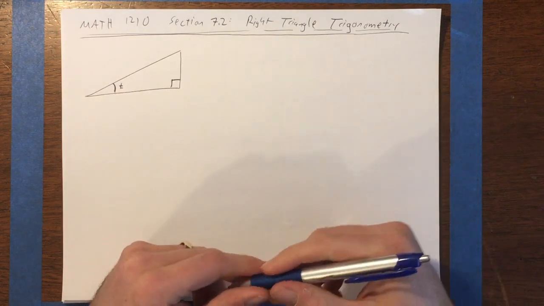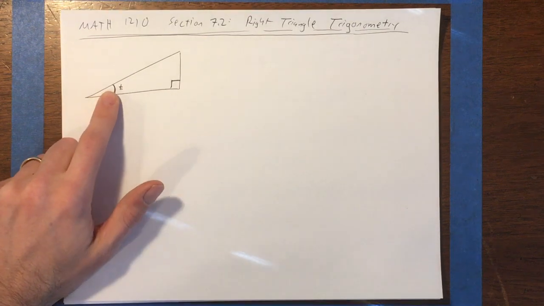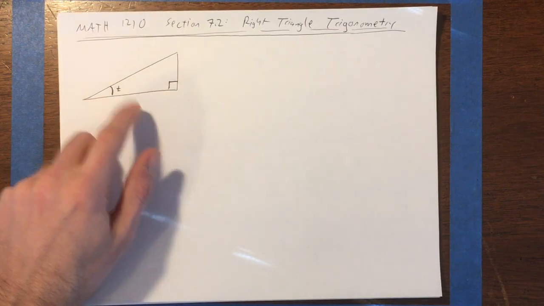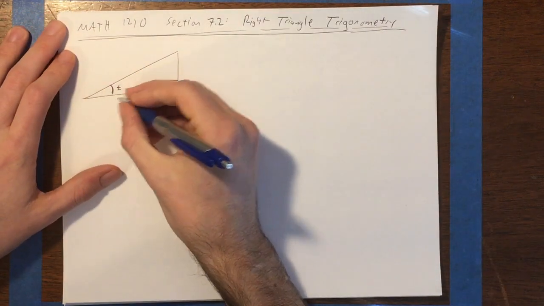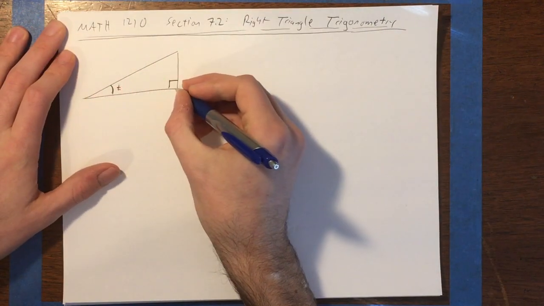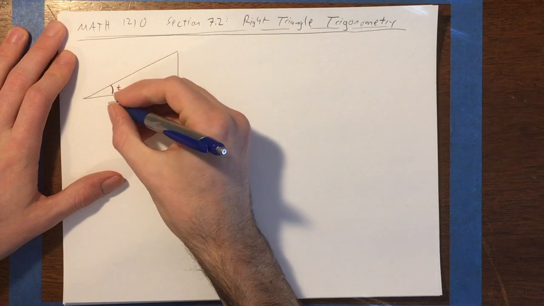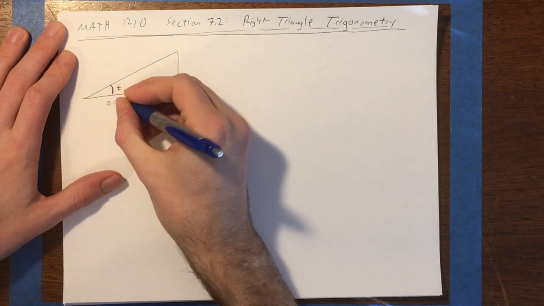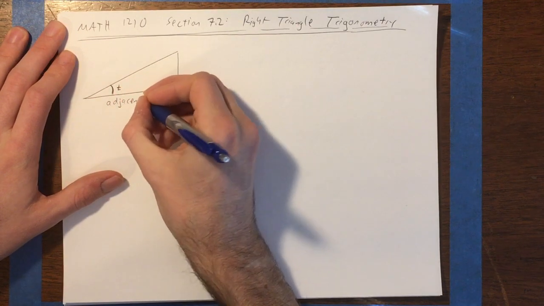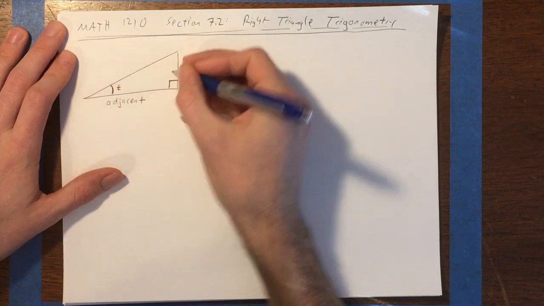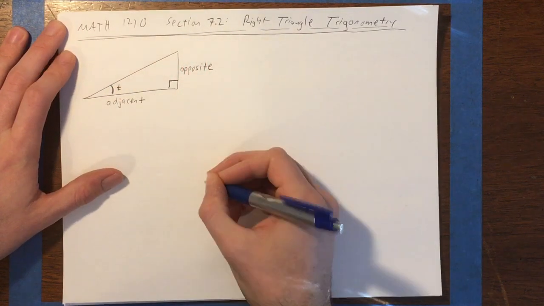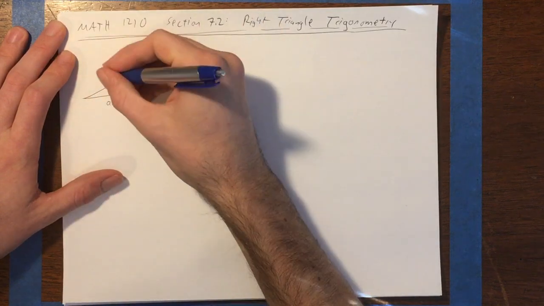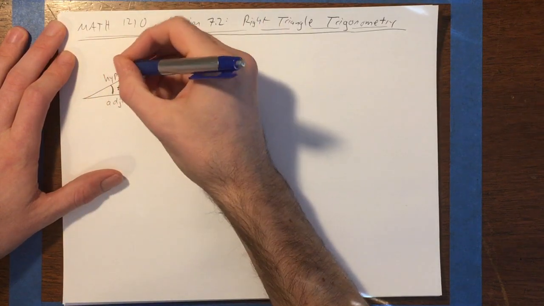Okay. So from the perspective of that angle, the three sides of this triangle can be labeled in the following way. This side here, which is one of the two legs, is called the adjacent leg. So we'll call that the adjacent side of the triangle. The other leg of the triangle is the opposite side. And then there's, of course, the hypotenuse of the triangle, which is unique and special.